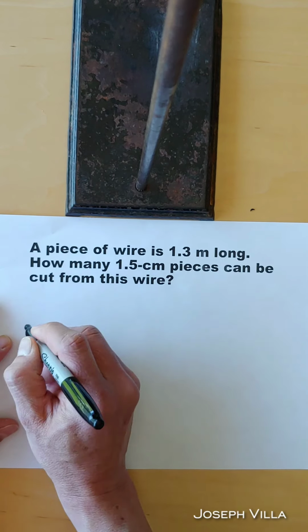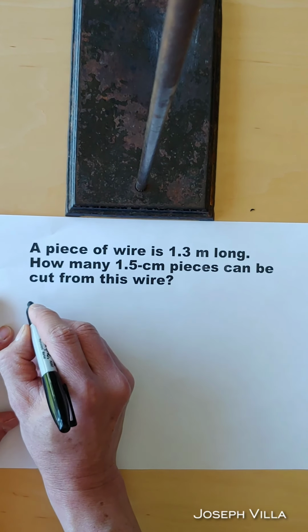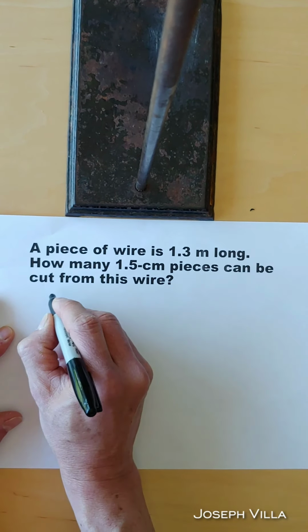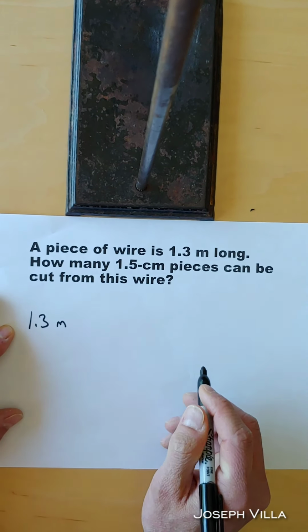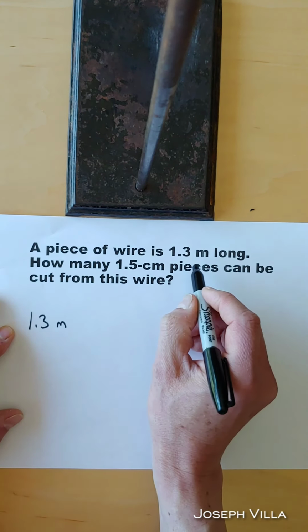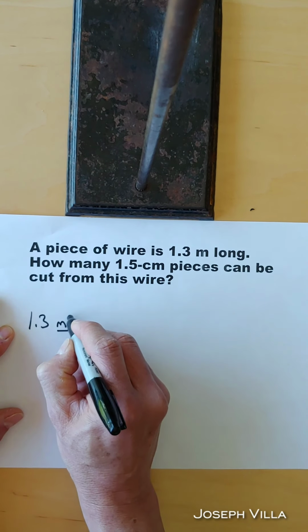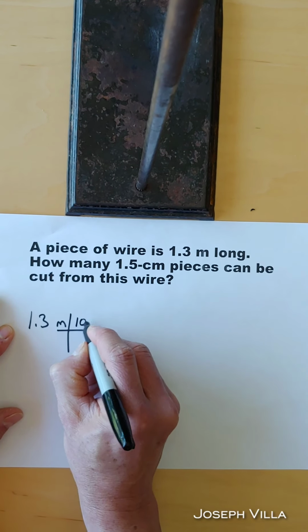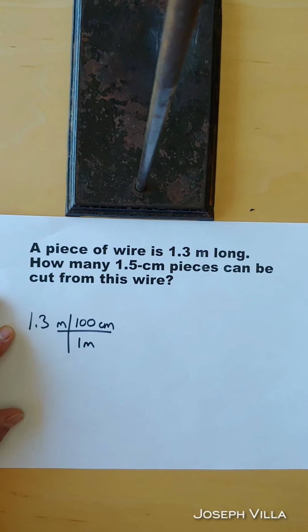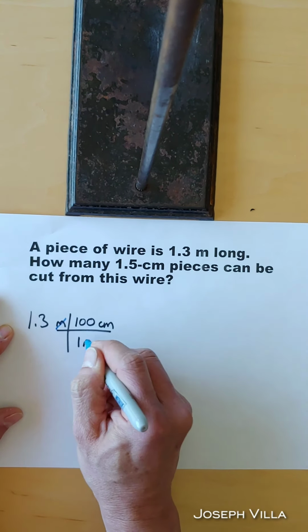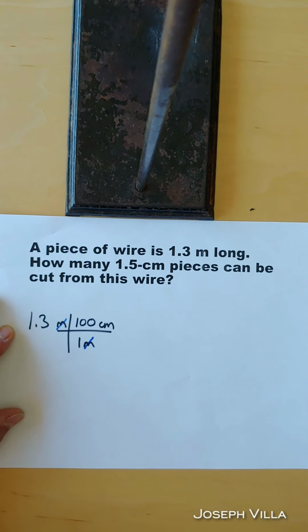So what we do is we've got 1.3 meters, and we'll convert that into centimeters. There are 100 centimeters in 1 meter. So now I've gone from meters to centimeters. And now I want to know how many pieces I can get out of that.